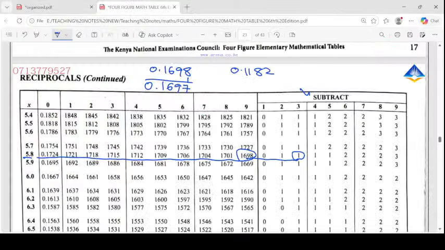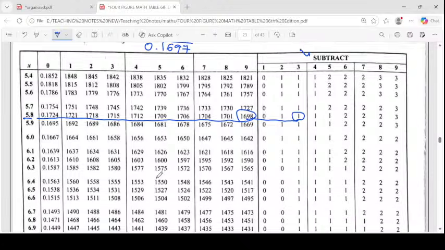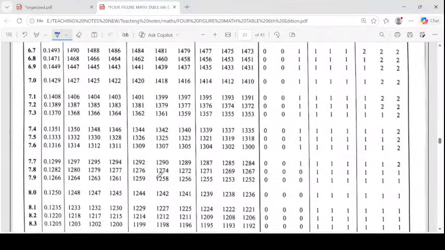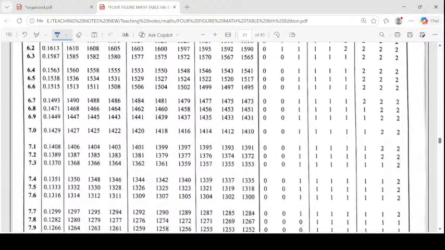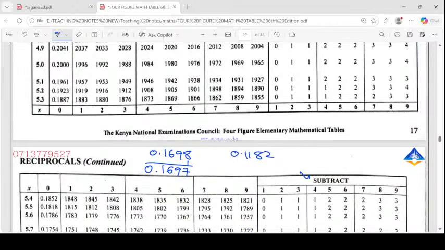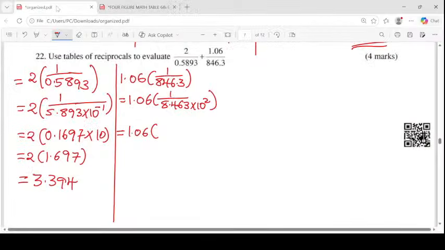After 8.46, then you go to 3. 8.63 is here. What is it? It's a 0. So that means the answer is just 0.1182. 0.1182 times the reciprocal of 10 power 2 becomes 10 power negative 2, which is just like saying 0.01.